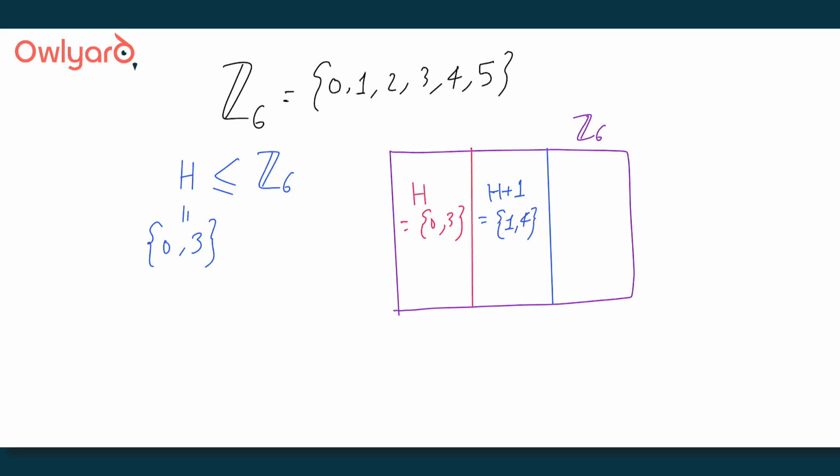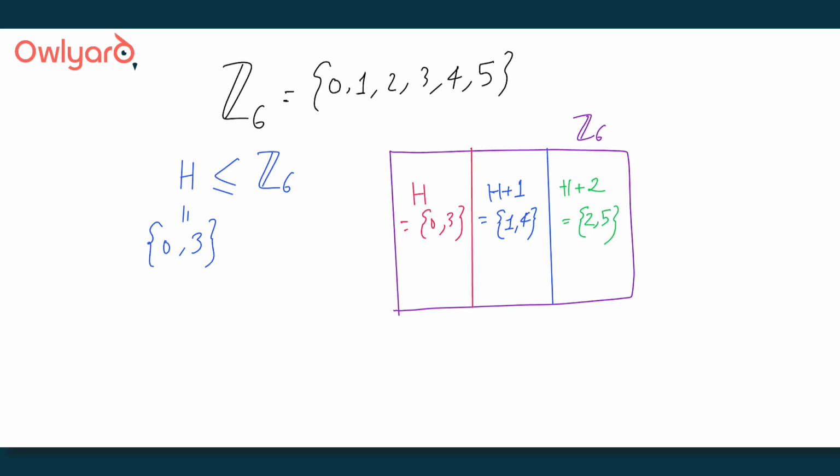And the third partition has H plus 2, and the elements are 2 and 5. Okay, now this makes sense. This is reminiscent of your residue class, right, that you have seen in your undergraduate course. And it's a residue class modulo 3, modulo the generator of the subgroup.